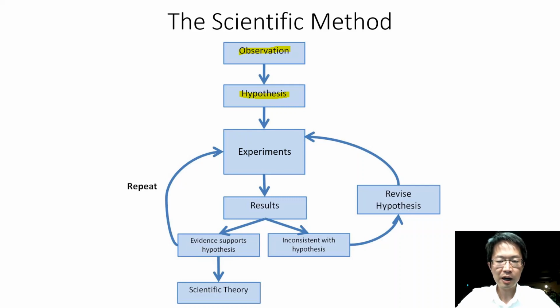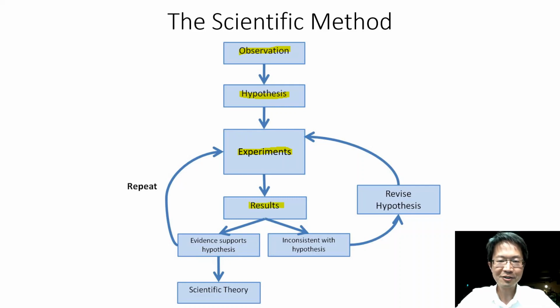And then after they make the hypothesis, they have to test the hypothesis by conducting an experiment. They want to test the hypothesis to see if it is true or not by doing an experiment. Then after the experiment, they collect data and we call those the results.